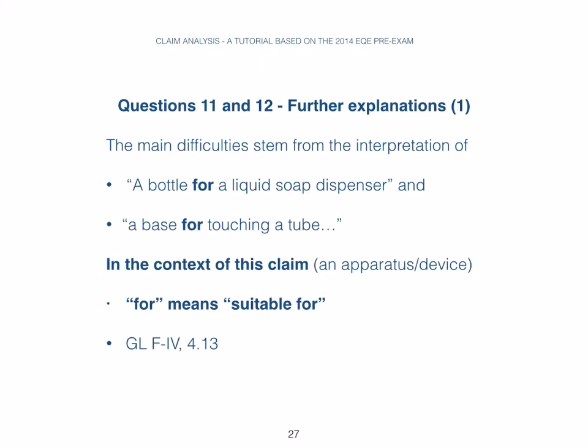And what you have to remember is that in the context of this claim, which is an apparatus or a device, the word for means suitable for, and I direct you to the guidelines F Roman 4 4.13 for further explanation. But at the same time I would like to warn you that the word for has different meanings in different contexts, so be very careful about how you interpret the word for when you are interpreting patent claims.